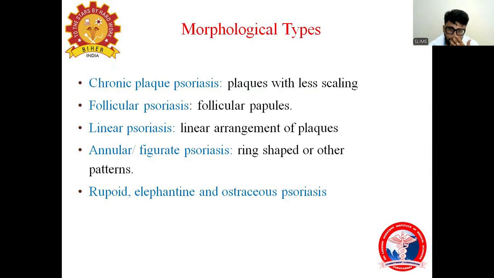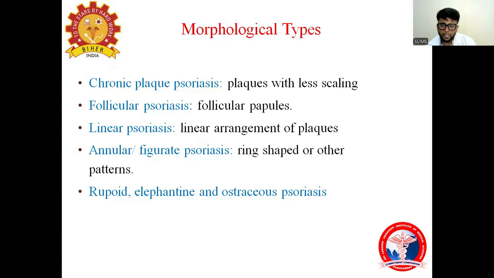So, what are the different types of psoriasis? The most common type is chronic plaque psoriasis, characterized by erythematous silvery scaly plaques, seen initially on the extensor surfaces. The second is linear psoriasis, with a linear arrangement of plaques, along with figurate psoriasis.